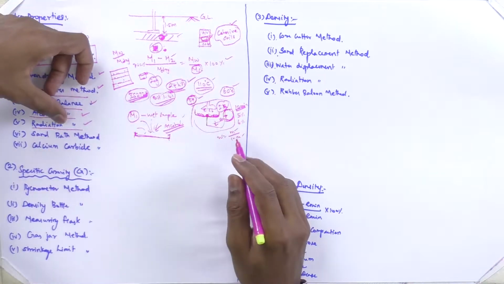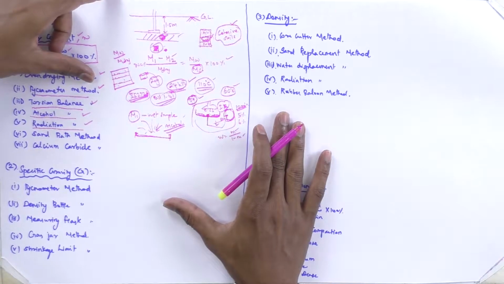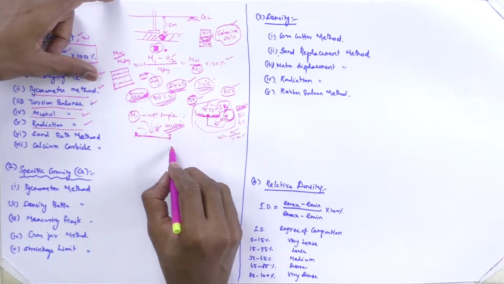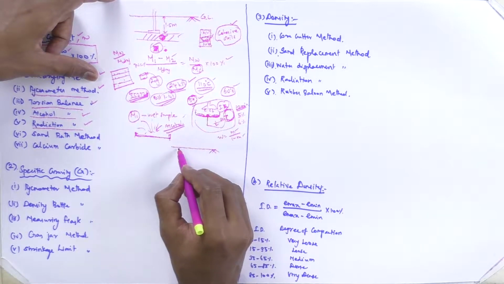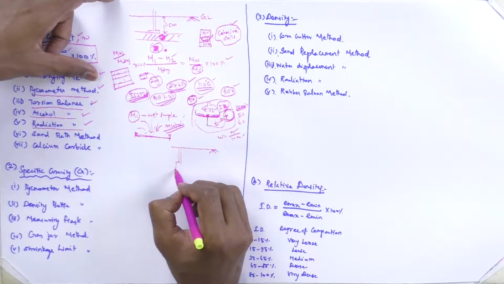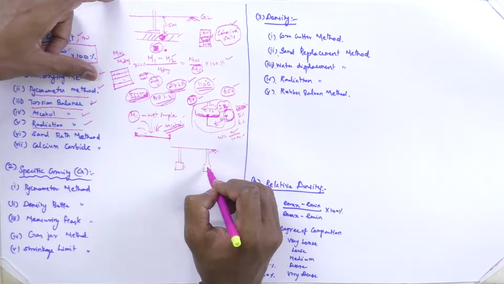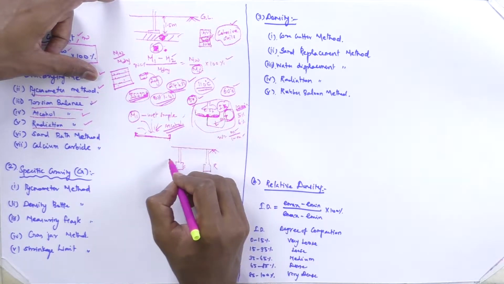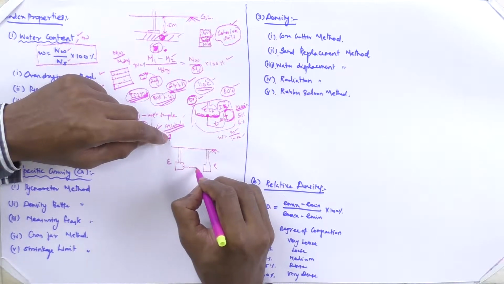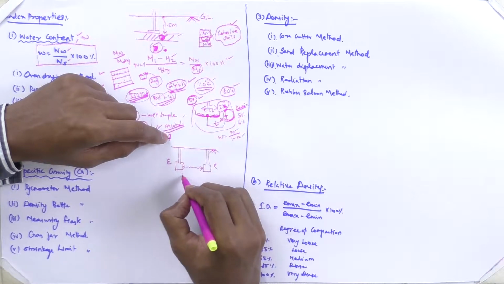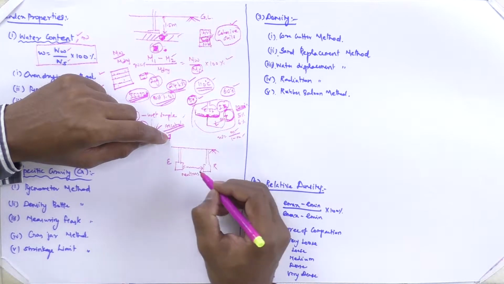Next thing is the radiation method. What is the radiation method? Consider a scenario like this. Here there is an emitter, and here there is a receiver. The emitter will release neutrons.